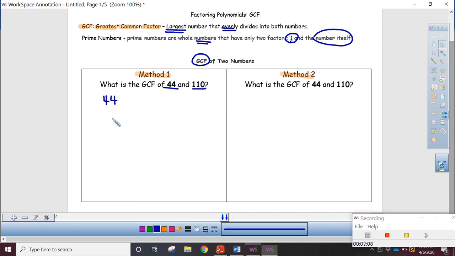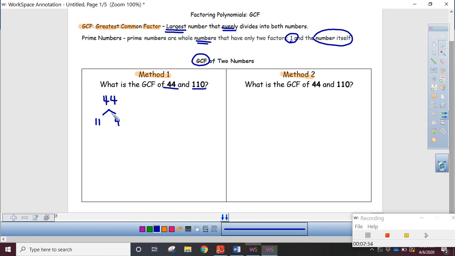For 44, we're going to find two numbers that we can multiply that will give me 44. You can start with any two numbers: 1 and 44, 2 and 22, 11 and 4, whichever two numbers you prefer. I'll start with 11 times 4.